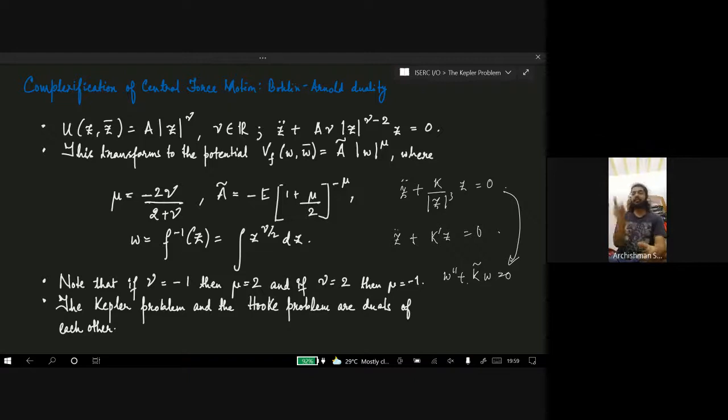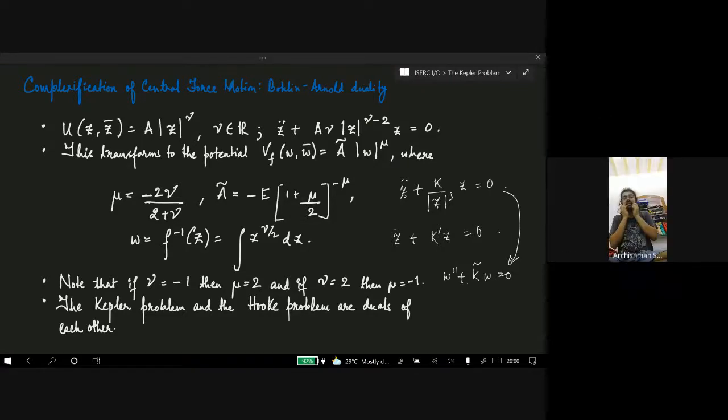And for those who are familiar with the Laplace-Runge-Lenz vector, the Laplace-Runge-Lenz vector of the Kepler problem transforms to the Jauch-Fradkin tensor of the harmonic oscillator problem. So there's a regularization side of things, why this is important. There's another side why this is important.